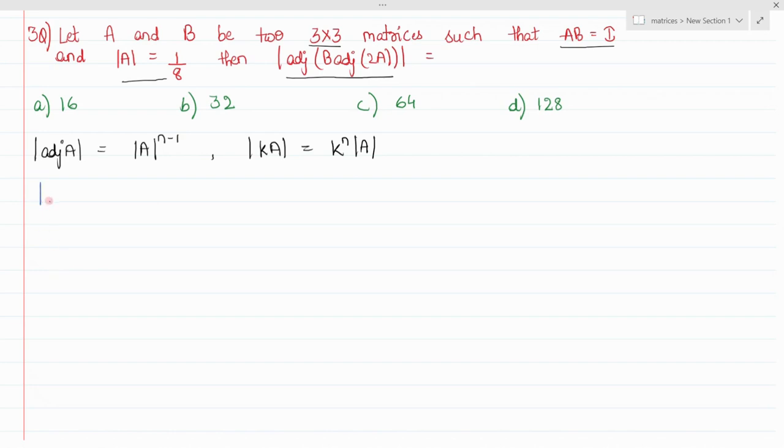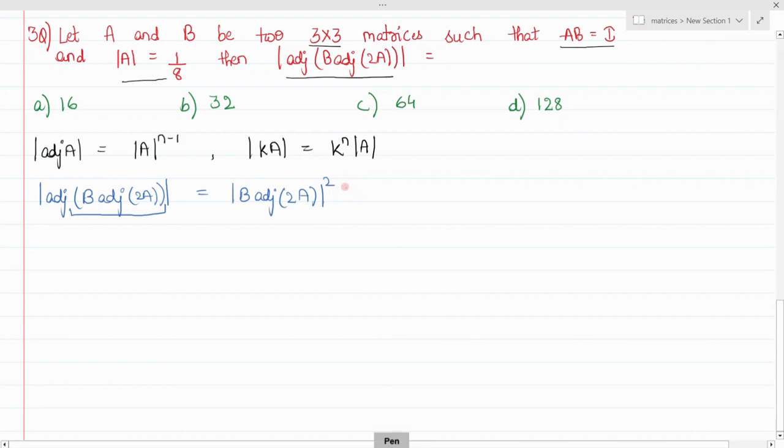Now let's find this value, that is determinant of adjoint of B into adjoint of 2A. Use the first property, assume this whole thing as A, and we can write it as determinant of B into adjoint of 2A whole power 2, because n is 3. Here B is a matrix, it's not a constant, so we can write the determinants separately like this.